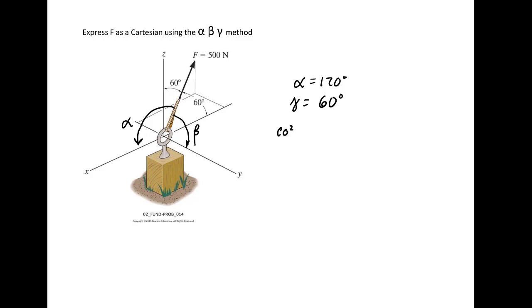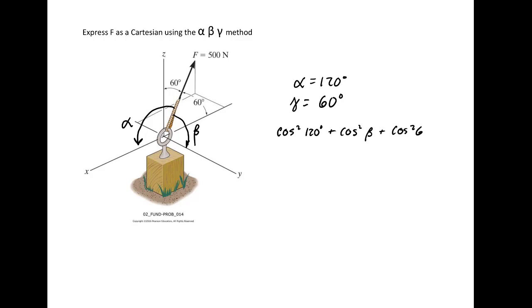So we need cos squared alpha, and that's going to be 120 degrees, plus cos squared beta, which is our unknown, plus cos squared gamma, which is 60 degrees.